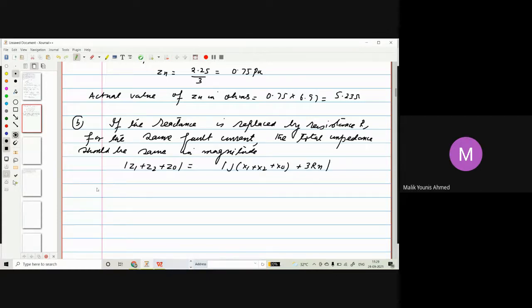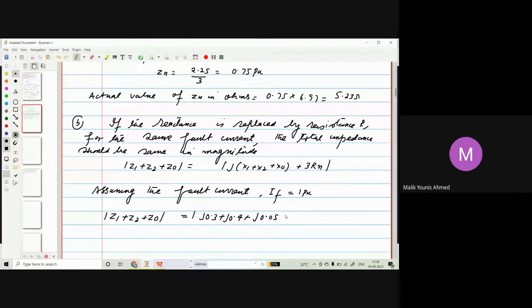Again, assuming the fault current equal to the rated value, that means assuming IF equal to 1 per unit, then Z1 plus Z2 plus Z0 should be equal to j0.3, 30%, 40%, 50%, 0.5, plus 3Rn.